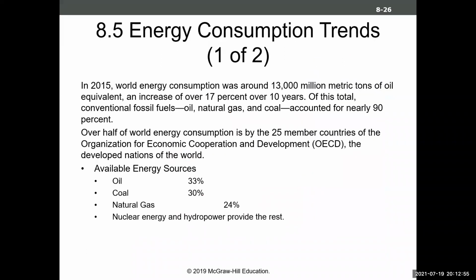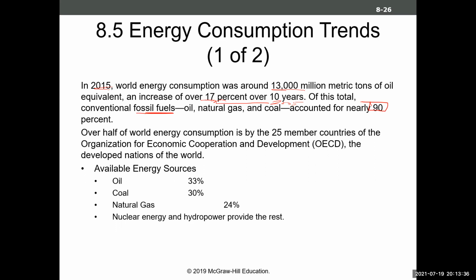In terms of energy consumption and energy trends around the globe, in 2015, the world consumed about 30 million metric tons of oil. This is an actual increase of about 17% from about 2005. So from about 2005 to 2015, the oil use increased by about 17%. And fossil fuels are nearly 90% of that total in terms of energy consumption.